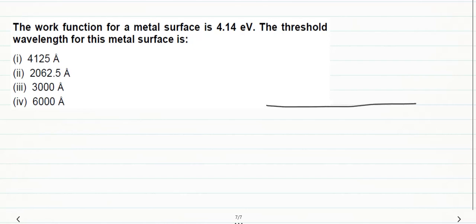Let us consider a metal surface, and according to Einstein, if a light of single frequency or monochromatic light is incident on that surface, with frequency nu or wavelength lambda, then each photon of this incident light contains the energy E equal to h nu or hc divided by lambda.